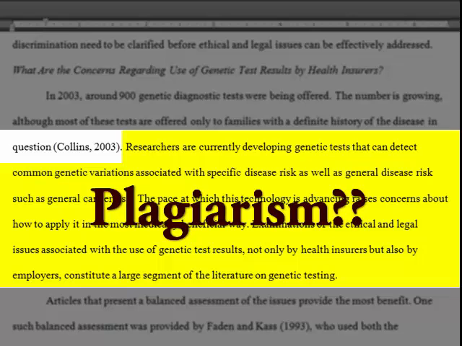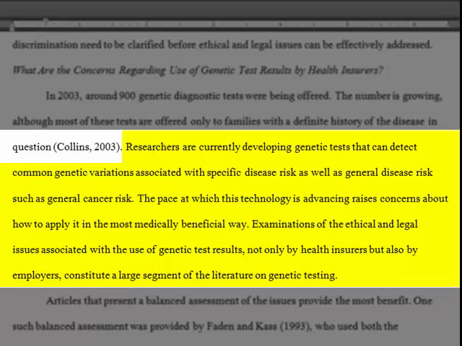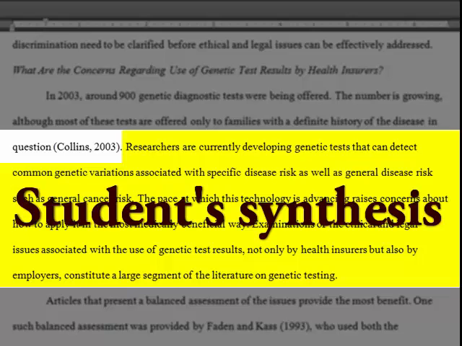What the author has done is brought together, or synthesized, in her own words a conclusion, an insight she arrived at by reading all of those sources. Therefore, no citation is necessary.